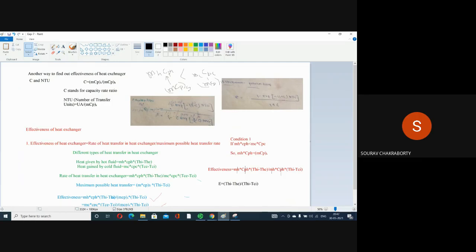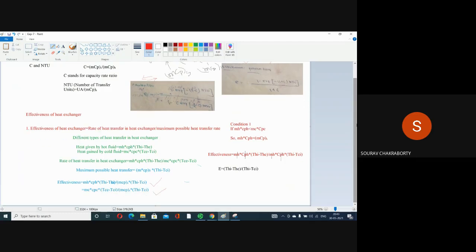So these expressions are in terms of NTU and C. This is for parallel flow, if the fluids are flowing in the same direction. And this is for counter flow, both flowing in opposite directions. So if you have a counter flow, this particular expression is used, and if you have a parallel flow, this particular expression can be used.